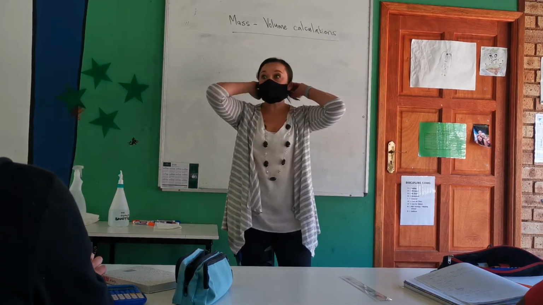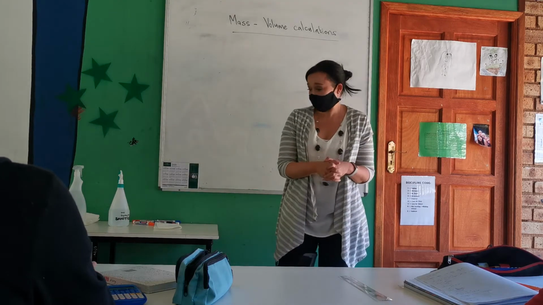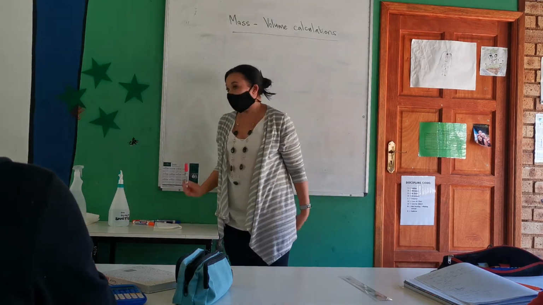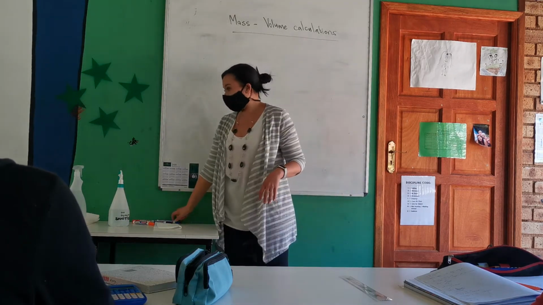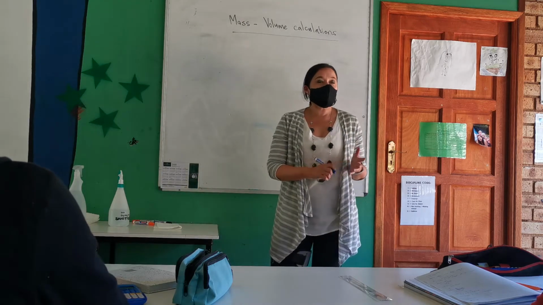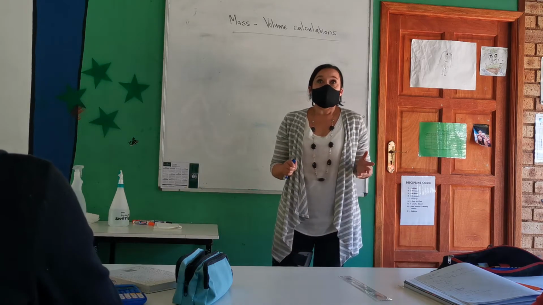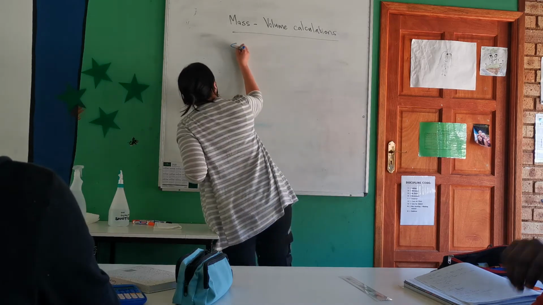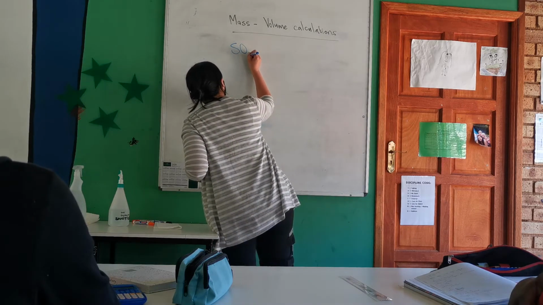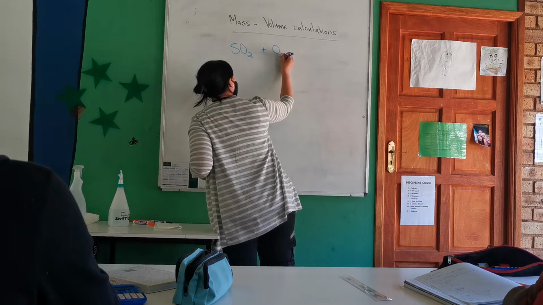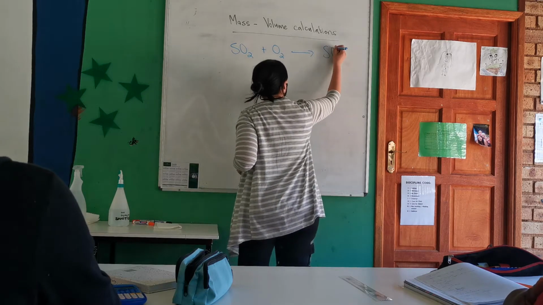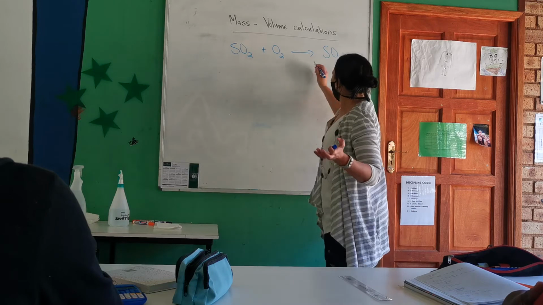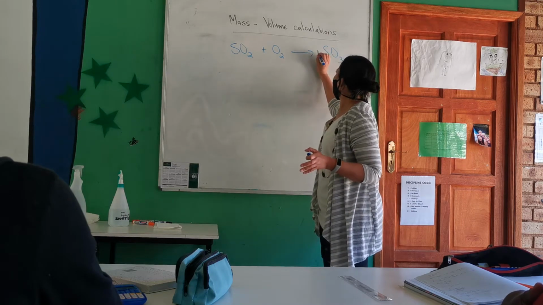What we're going to do now is an example. Let's use a sulfur dioxide example. So let's say we have SO2, which reacts with oxygen, and we form SO3. And we're going to balance first.